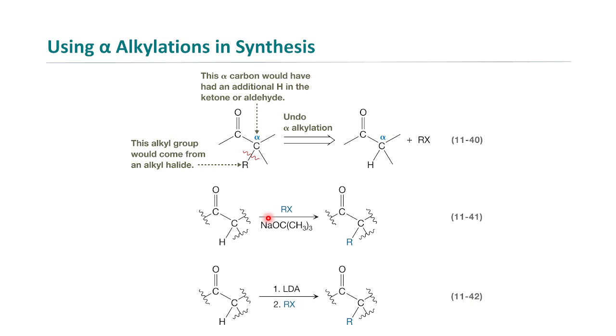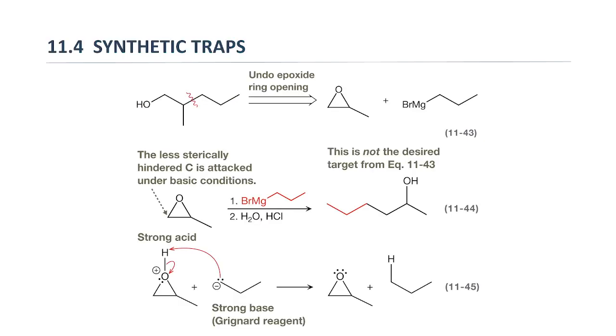And depending on which one we use, whether we use an alkoxide right there or the LDA here, we can again get a product that's going to be favored based on thermodynamics or based on kinetics. And so we can actually choose which of those we would get in the higher amounts, which is quite nice. It gives us an extra tool in our toolbox here.